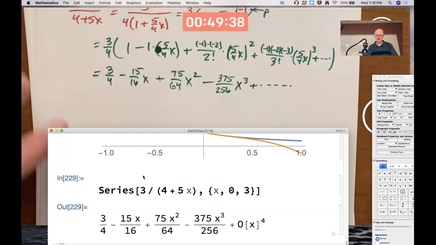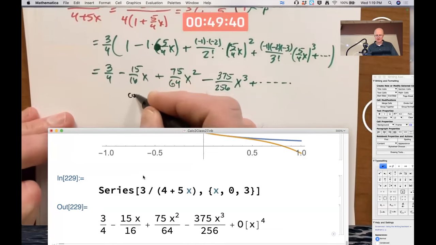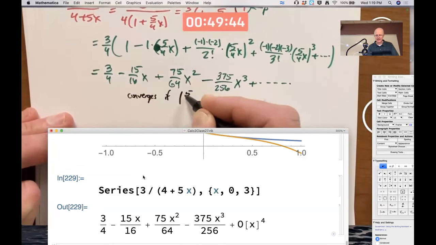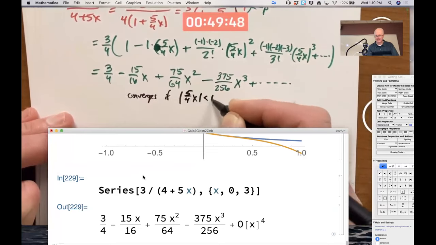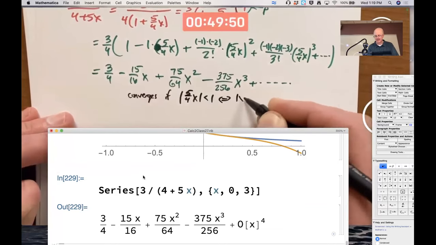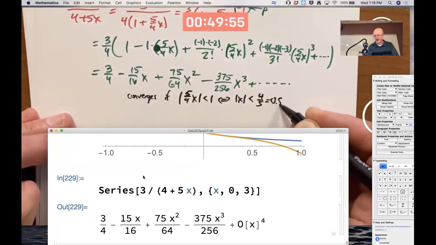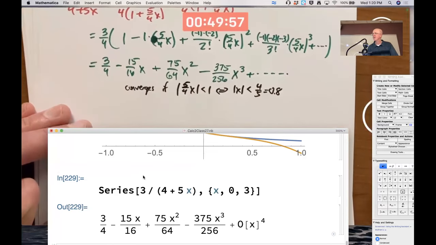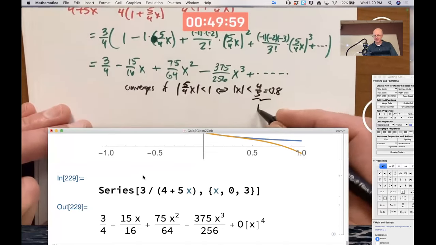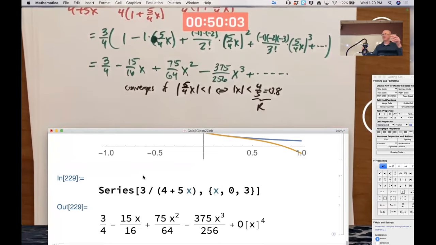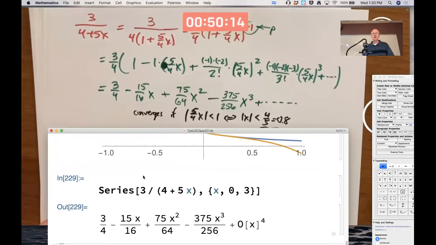This is going to converge if the absolute value of 5/4 x is less than 1, which is equivalent to saying the absolute value of x itself is less than 4/5. We did this before. Our old friend 0.8. The radius of convergence is 4/5. The interval of convergence goes from -4/5 to +4/5, not including the endpoints. So sometimes you've got to use a little trickery.